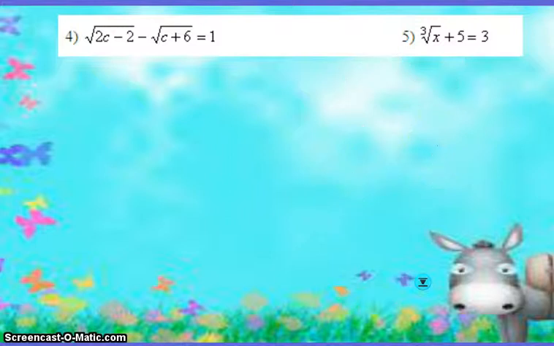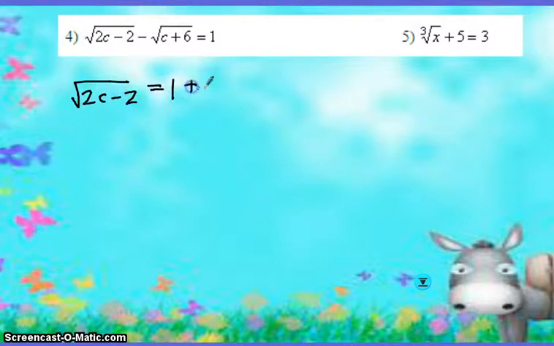Now, for number 4, when you have two radicals, it's impossible to isolate a single radical. So instead, what you're going to want to do is put one radical on each side. So I'm going to move the square root of c plus 6 to the other side. I'm going to put one radical on each side.